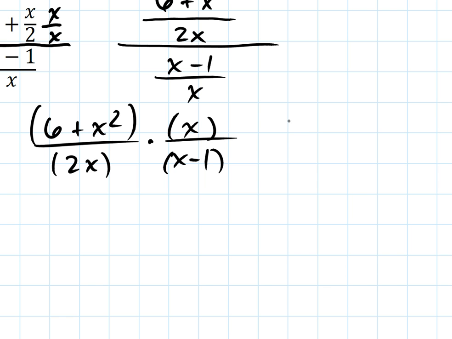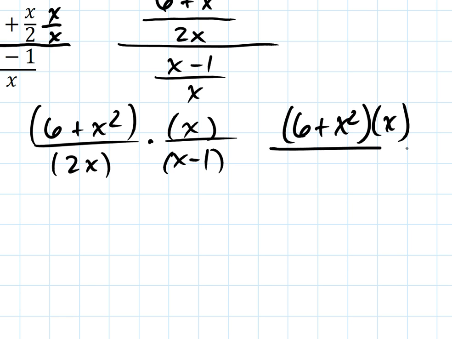So I've got 6 plus x squared times x all over 2 times x times x minus 1. What I saw is that I have a common factor of x here and here, so I'm going to eliminate that common factor of x. And it looks like that's all I can eliminate.